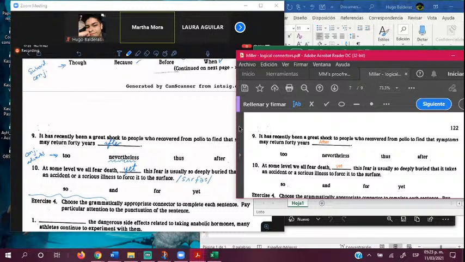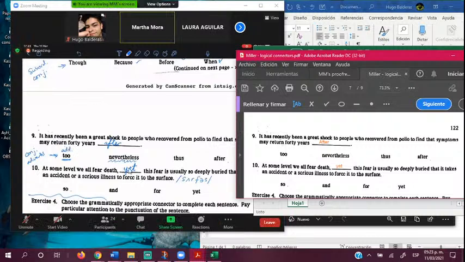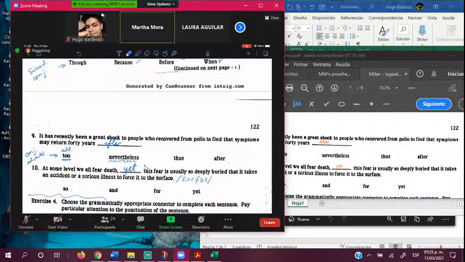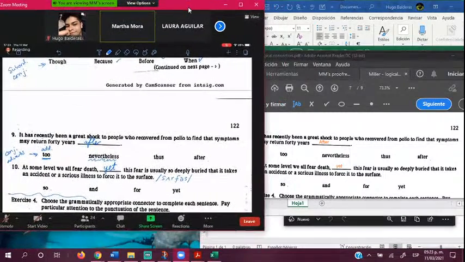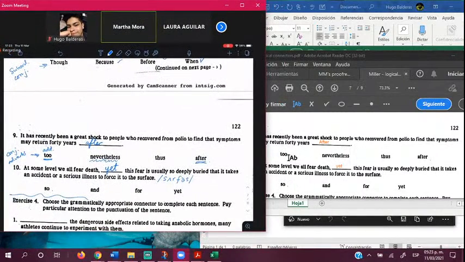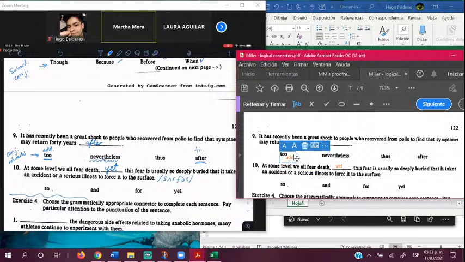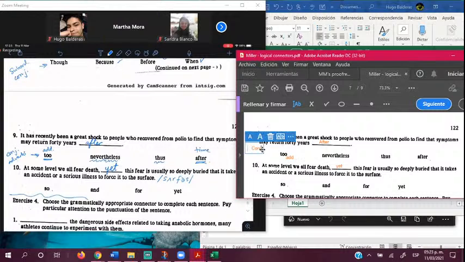So, in what category would you include to? Addition. Addition, good. We know nevertheless is contrast. After, we already know is? Time, or sequence. And what about those? Effect. Effect. Is the elegant version of so. So effect or consequence.